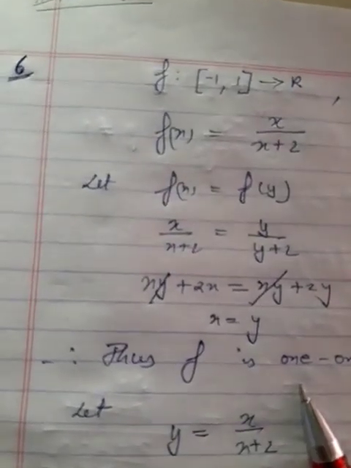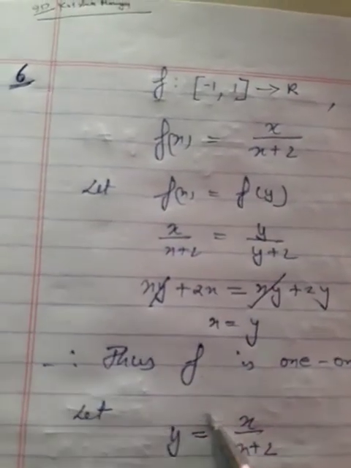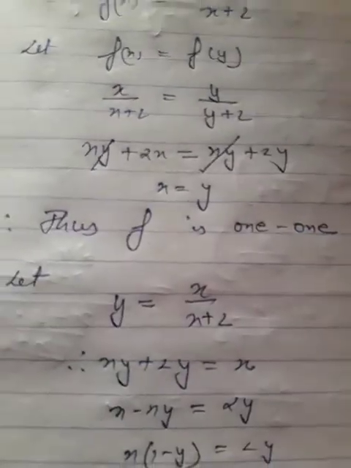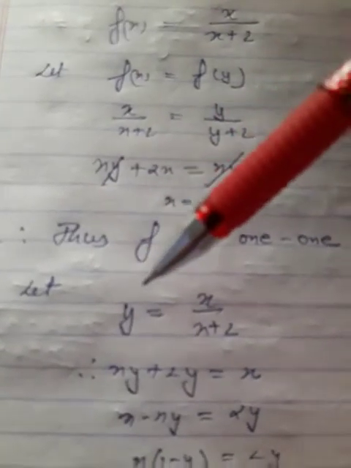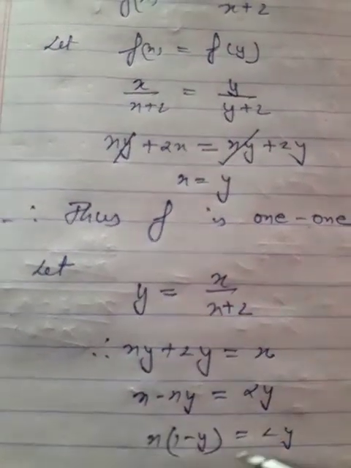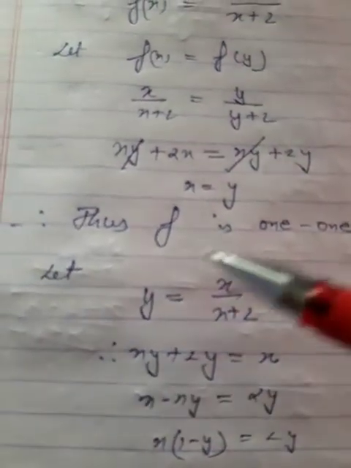Now for a function to be invertible, it must be onto also. So let us prove that. We take f(x) = y, where y belongs to the codomain. So y equals x/(x+2). Now try to find the value of x from here.